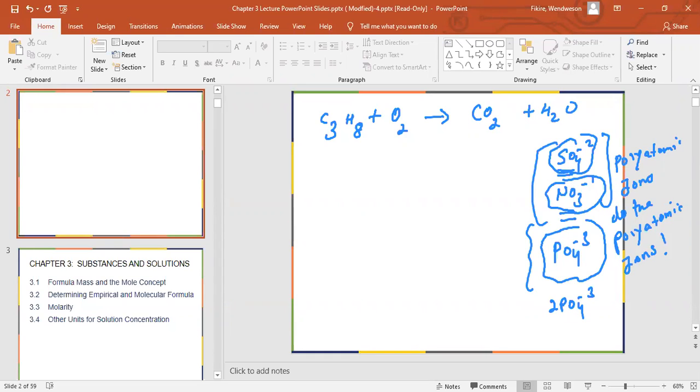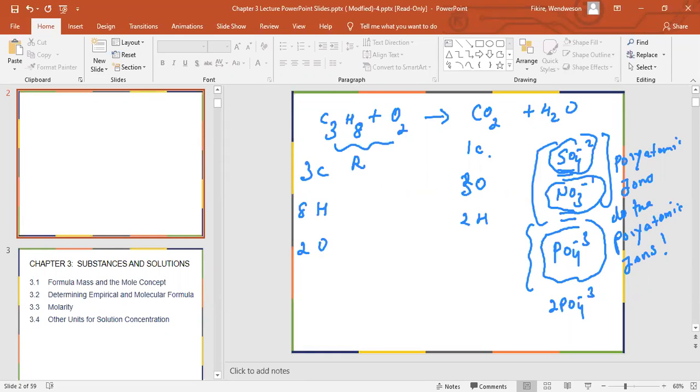But when we want to balance the equation C3H8 plus O2 gives you CO2 plus H2O, there is no polyatomic ion here, so you have to count the individual number of atoms. On the reactant side you have 3 atoms of carbon, 8 atoms of hydrogen, and 2 atoms of oxygen. On the product side you have 1 atom of carbon, 3 atoms of oxygen, and 2 atoms of hydrogen.